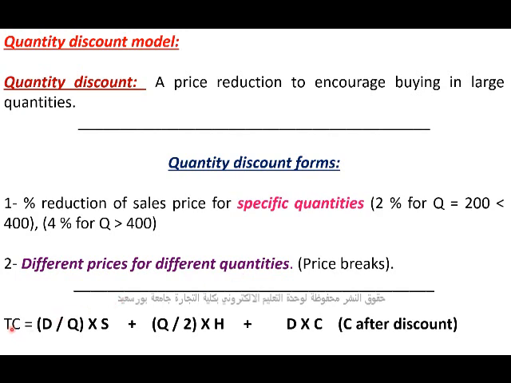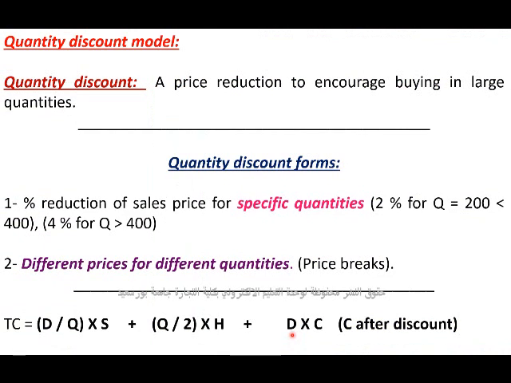Just to remind you, the total cost will be equal to holding cost plus ordering cost plus the cost of purchasing. Here, ordering cost equals demand over quantity times S. Holding cost is Q over 2 times holding cost per unit.